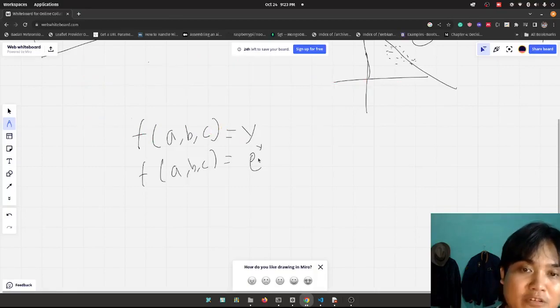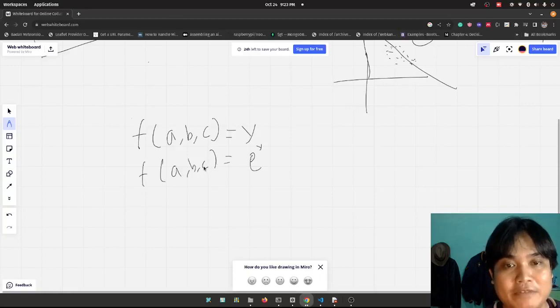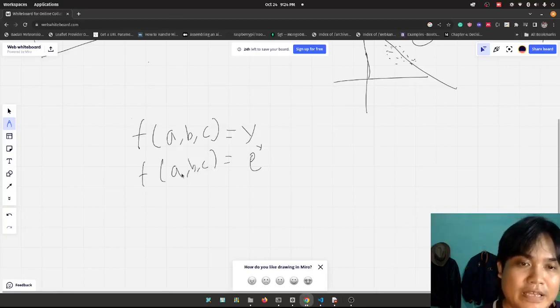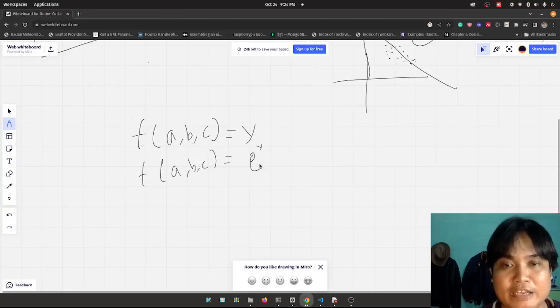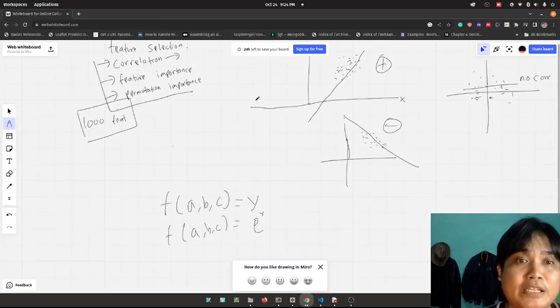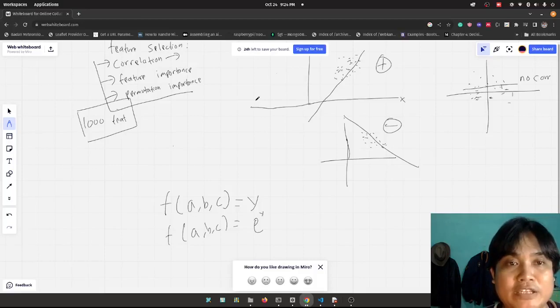The bigger this error, the more important that parameter is. So, for example, this c parameter is not important. If we mess up this c parameter, the error will be little. On the other hand, a is, for example, an important parameter. If we mess up this a, the error will be bigger. Okay, actually that is the explanation for permutation importance.